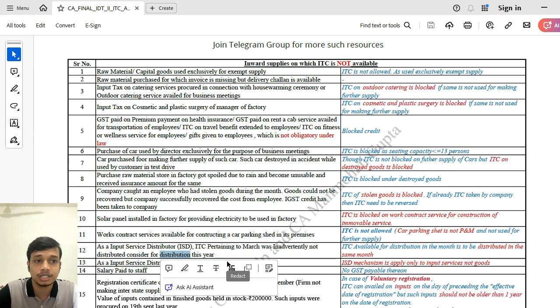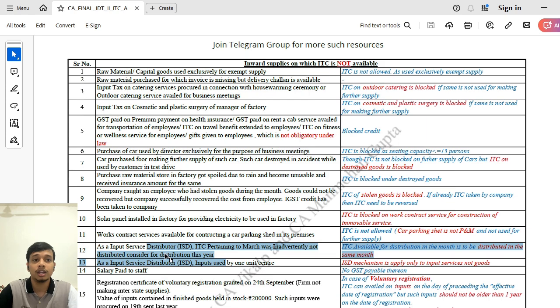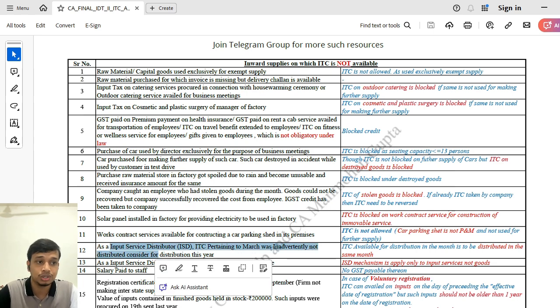As इसमें क्या हुआ, ISD के केस में ITC फॉर द मार्च अवेलेबल था, मार्च में अवेलेबल था, उस टाइम उन्होंने डिस्ट्रीब्यूट नहीं करा, बट दे वांट टू डिस्ट्रीब्यूट इन करंट ईयर. In case of ISD, ITC is available and distributed in the same month. लाइक आपको मार्च में अवेलेबल हुआ है आईटीसी, तो मार्च में ही आपको डिस्ट्रीब्यूट करना पड़ेगा, आप बाद में डिस्ट्रीब्यूट नहीं कर सकते, चाहे अप्रैल में नहीं कर सकते, चाहे नेक्स्ट ईयर भी नहीं कर सकते. So ITC is blocked under this adjustment also.